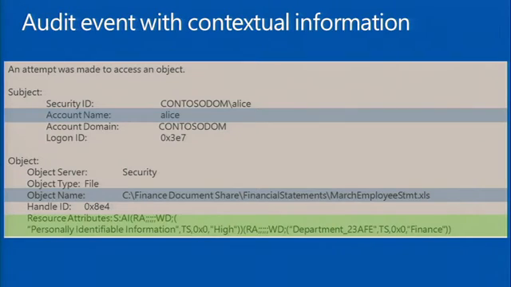So that you can see here that we say Alice tried to access a file where personally identifiable information is high and department equals finance. So if I collect these events, use this metadata, I can now report on access to finance information across my organization. So this is a real Windows Server 2012 event.